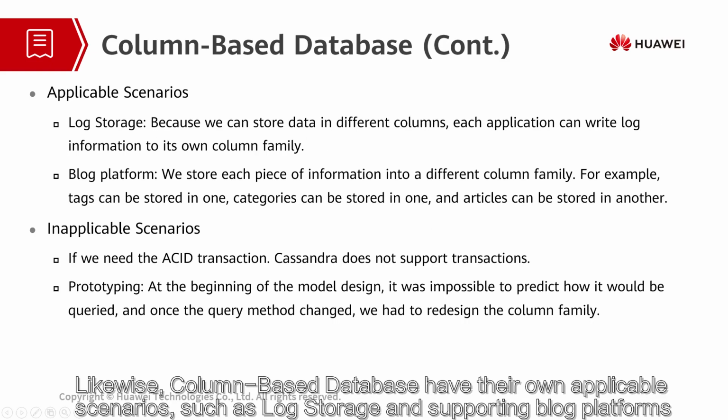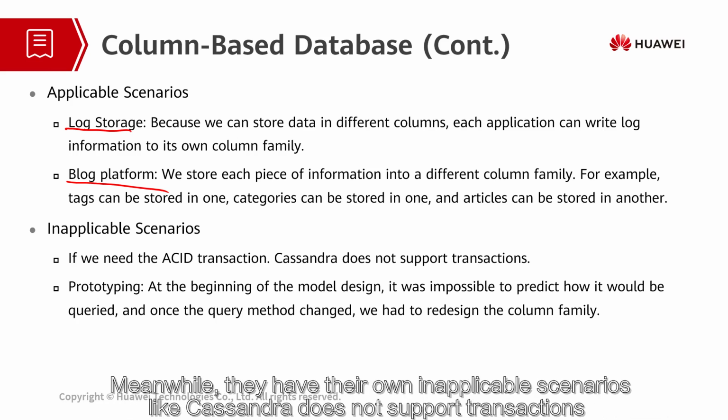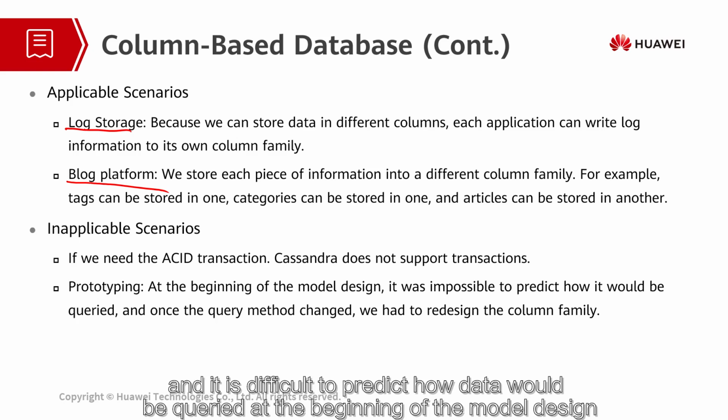Likewise, column-based databases have their own applicable scenarios, such as log storage and supporting blog platforms. Meanwhile, they have their own inapplicable scenarios, like Cassandra does not support transactions. And it is difficult to predict how data would be queried at the beginning of the model design.